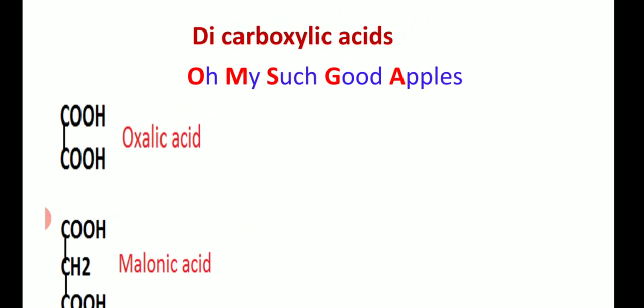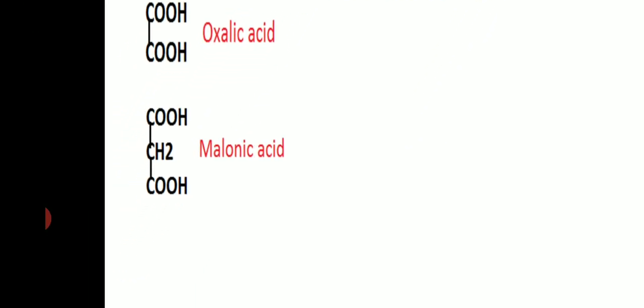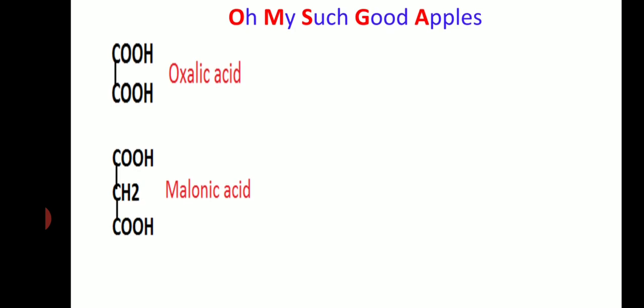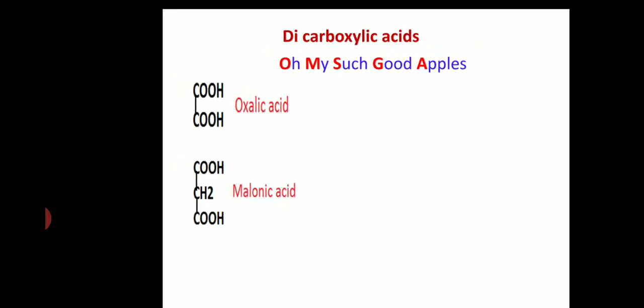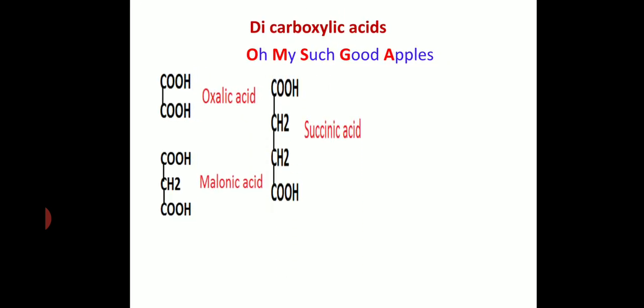Now the third one is S. You have already understood the point: in oxalic acid, nothing is embedded between the COOH groups; in malonic acid, one CH2 is embedded; in succinic acid, two CH2s are embedded. This is succinic acid.